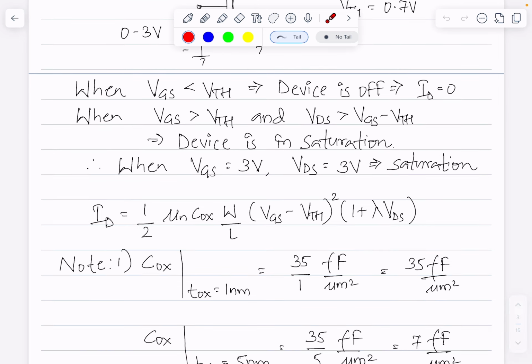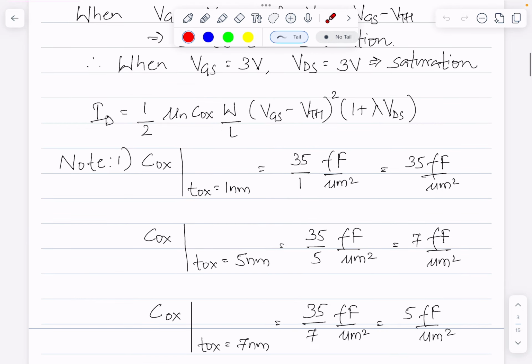It was 1, now it's 5. So Cox for Tox equals 5 nanometer is 35 over 5, which is 7 femtofarad per micrometer square. Similarly, if Tox is 7 nanometer, then Cox would be 35 over 7, which is 5 femtofarad per micrometer square. That's how you calculate Cox based off of Tox.